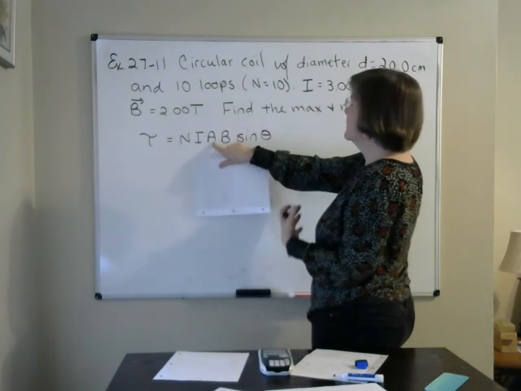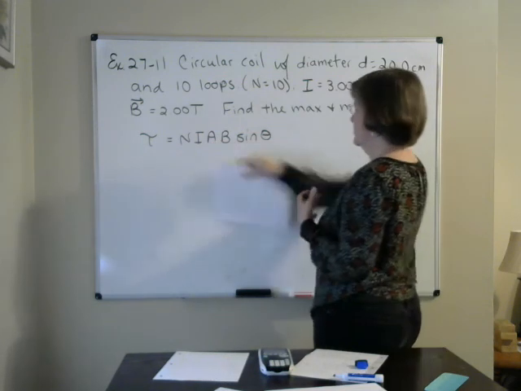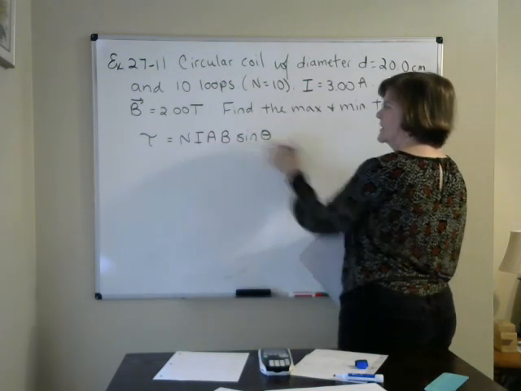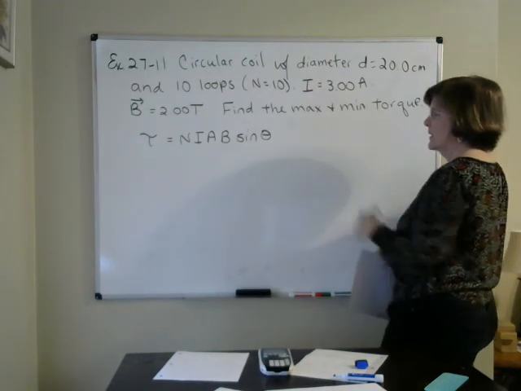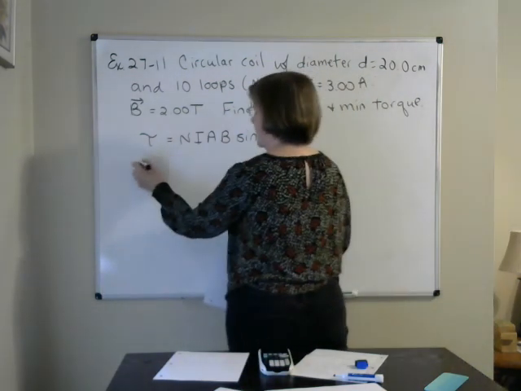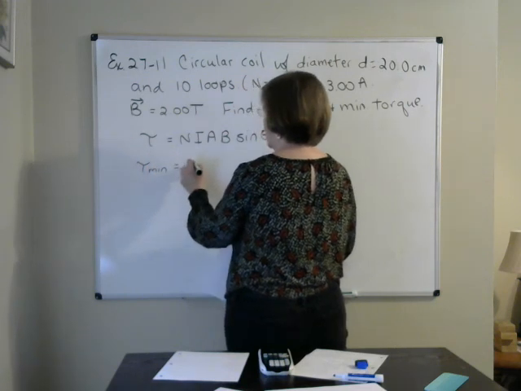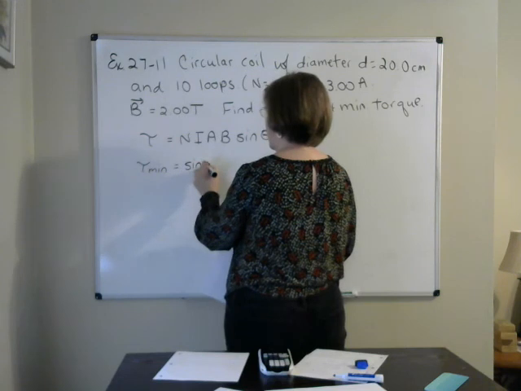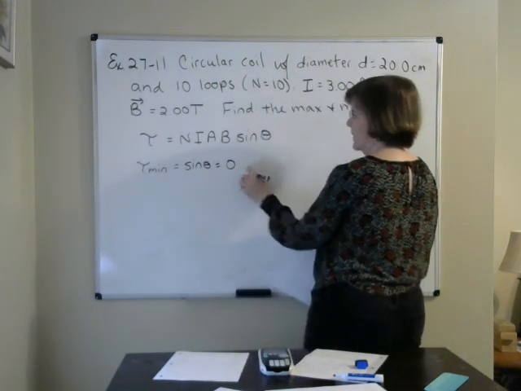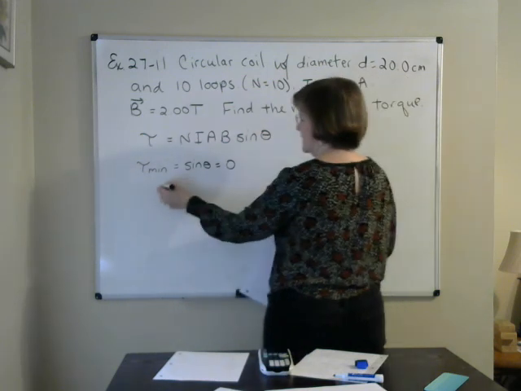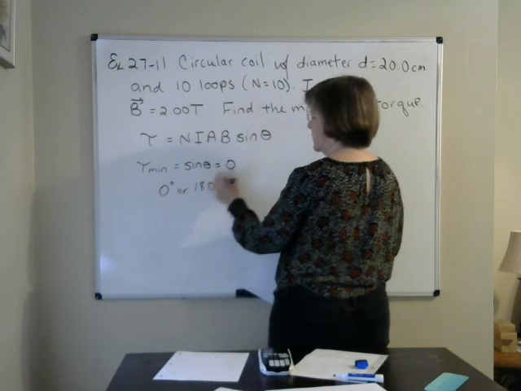The area, which is just the area of our circular coil, doesn't change. B doesn't change. The only thing that changes is sine theta. Okay? The minimum torque is going to be when sine theta equals 0, which is going to happen at 0 degrees or 180 degrees, right?